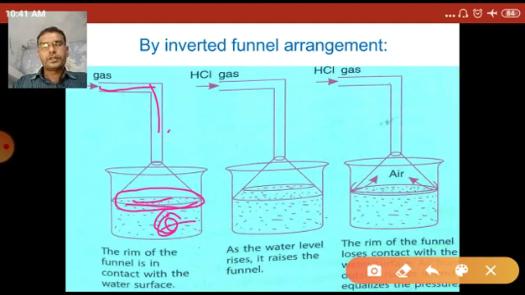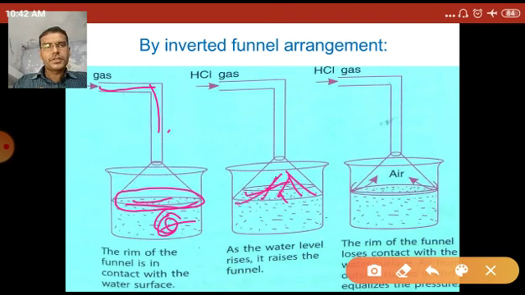And as you know, hydrogen chloride gas is highly soluble in water. So due to the high solubility of hydrogen chloride gas in water, a back suction is created, and due to back suction the water rises into the funnel.